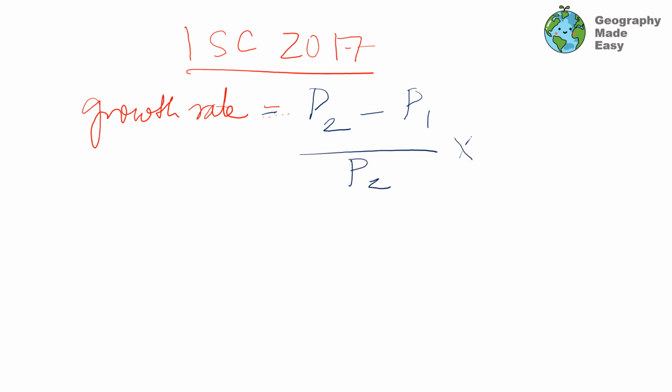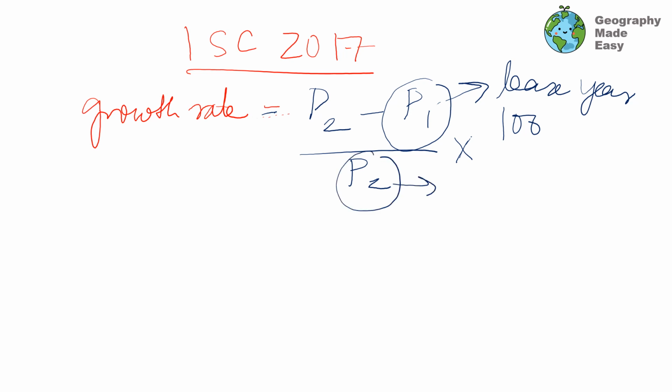So the growth rate formula is (P2 minus P1) by P2 into 100. We have to understand what P2 and P1 are. So P1 is the population of the base year. And P2 is the present population.